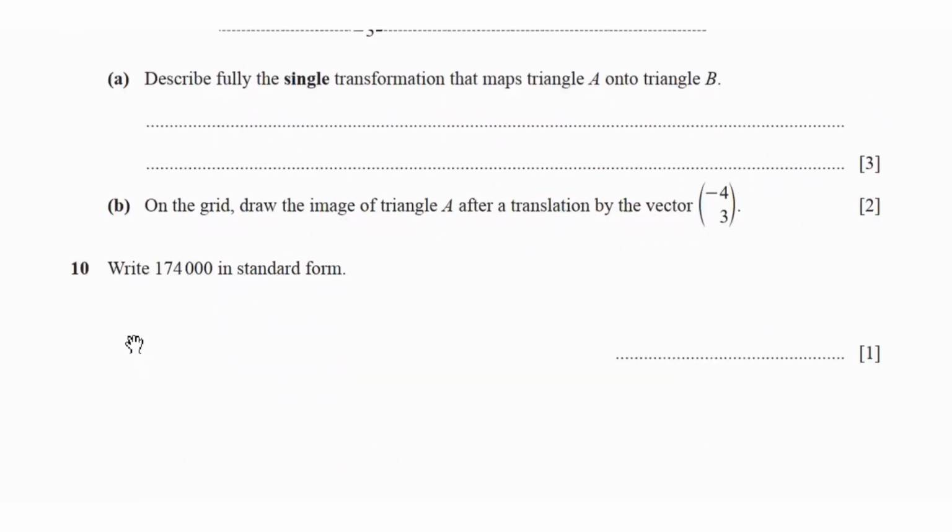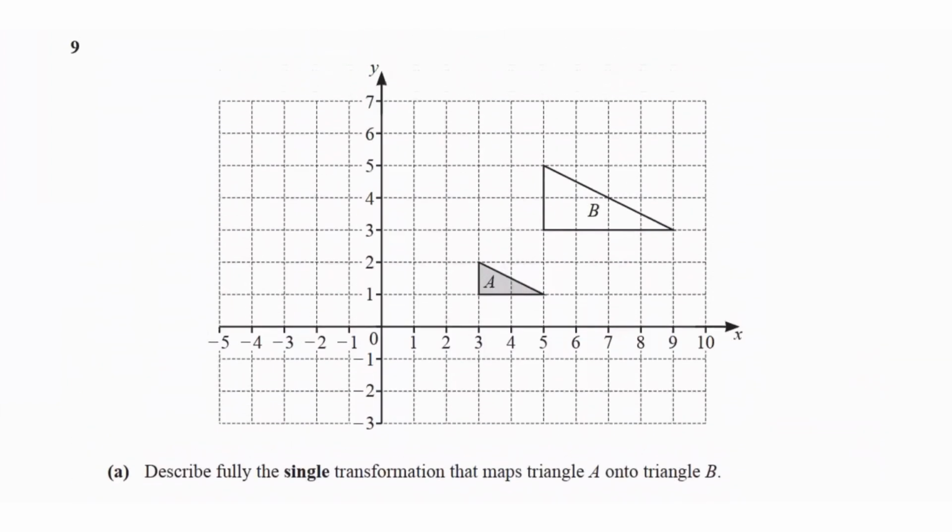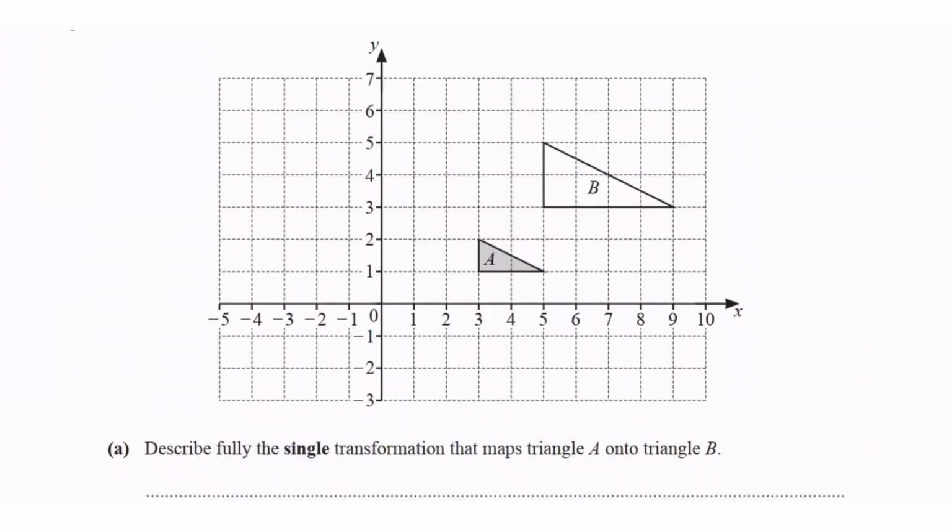Part B says, on the grid, draw the image of triangle A after translation by vector -4, 3. So if the translation is by the vector -4, 3, we need to first highlight the points that are already given. This is 3, 2.